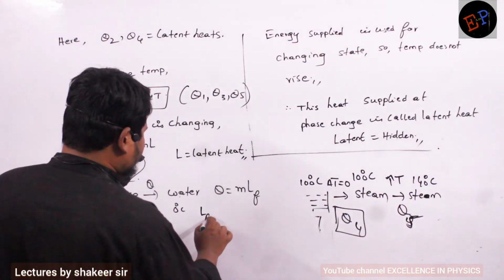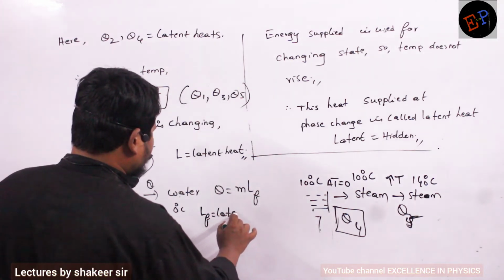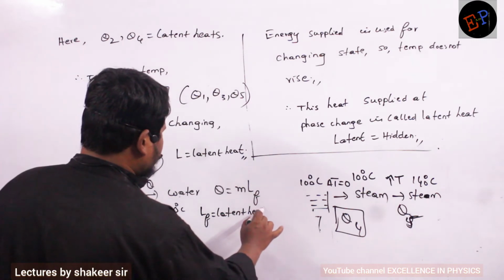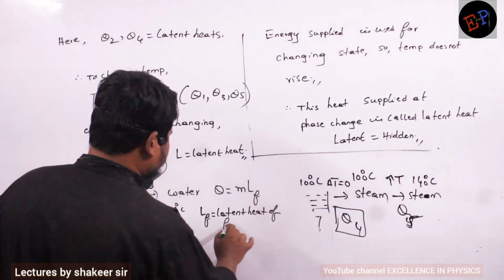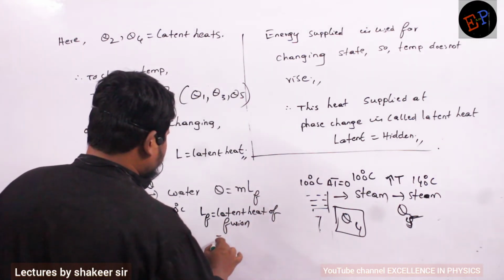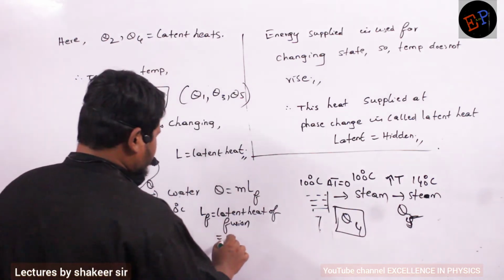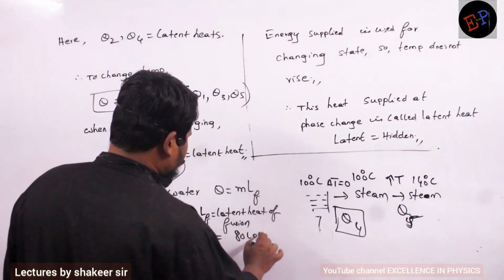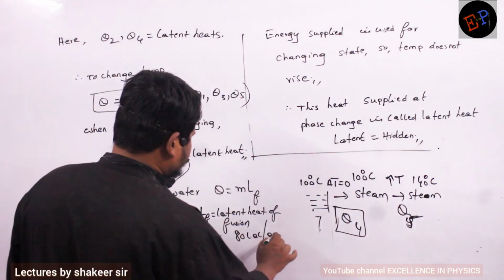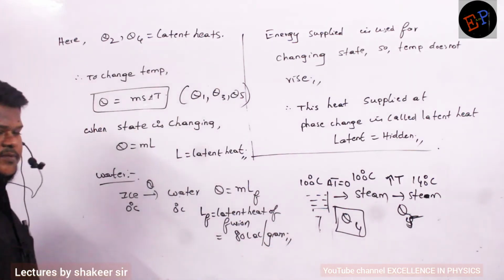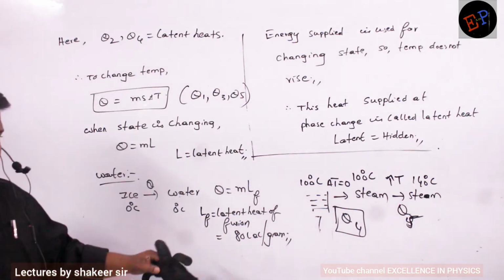LF is called latent heat of fusion. And what is its value? It is 80 calories per gram. These are the values for water only.